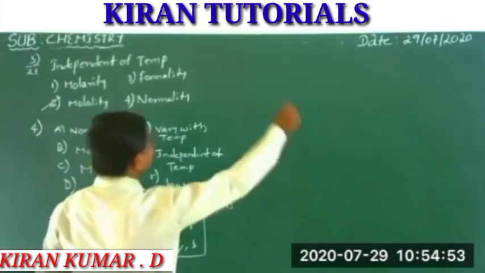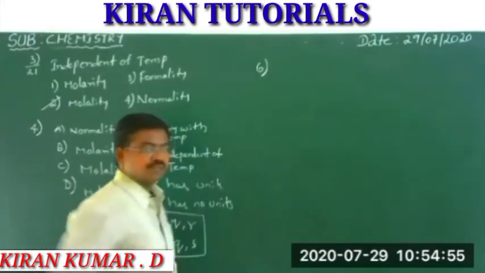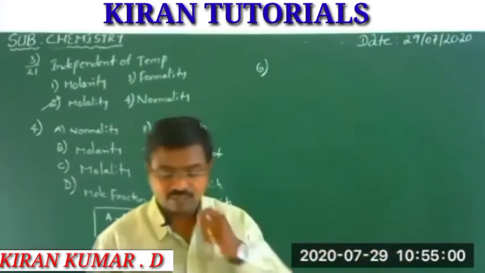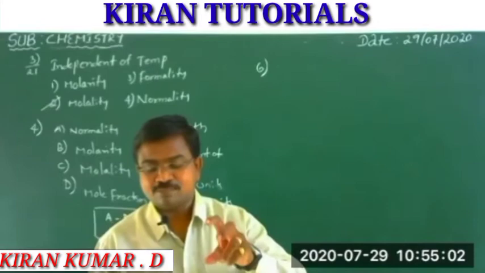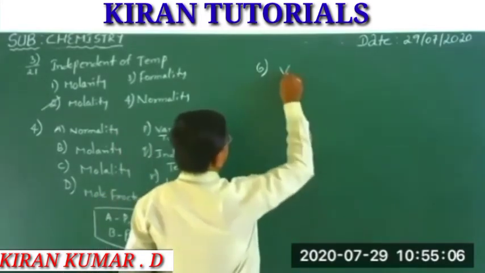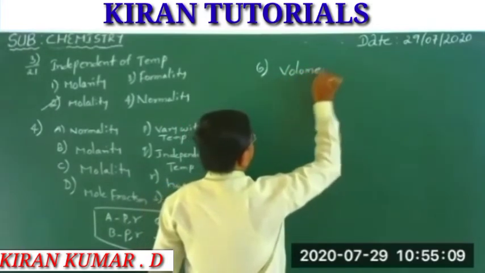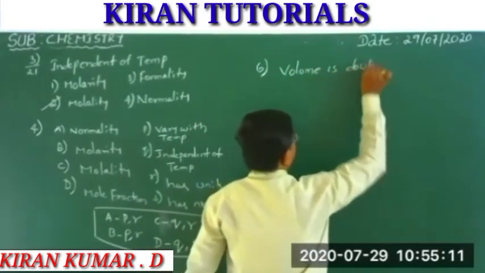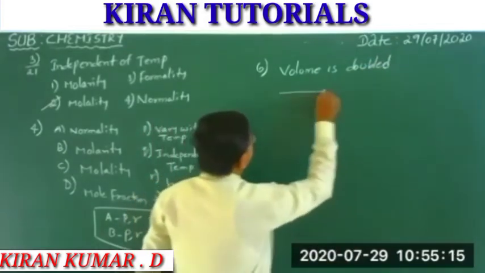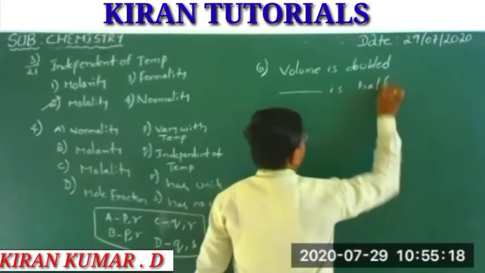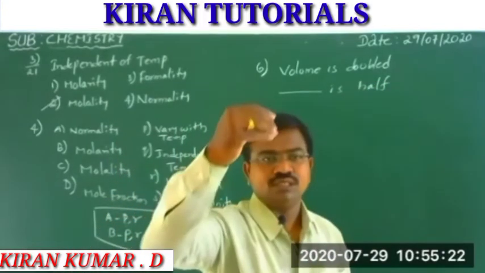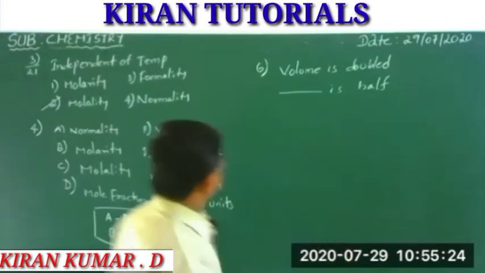And then if you go to the sixth one: when the volume of the solution is doubled, the following becomes exactly half. That is the question. If the volume is doubled, what are the options?